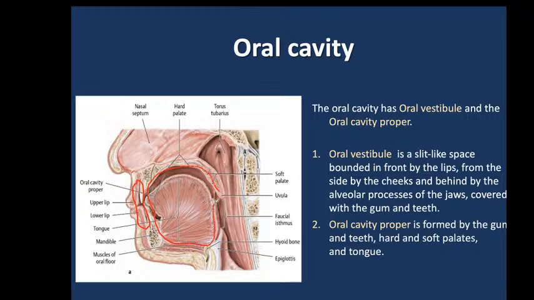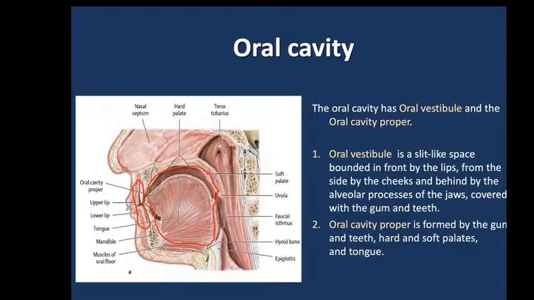This part, you see, is quite a bit bigger, and it is formed by gums and teeth from the anterior and lateral positions, and by the hard and soft palates, and in the lower part are located the tongue and some muscles of the oral floor.